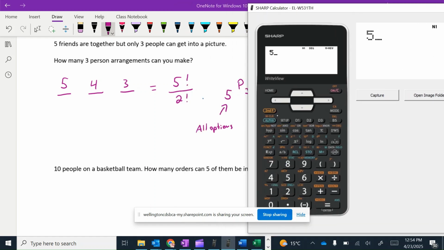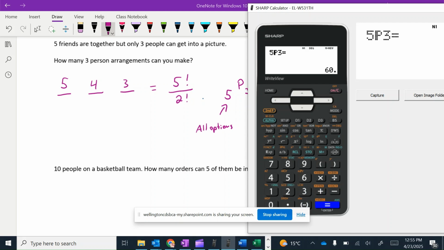If I did 5 factorial divided by 3 factorial, that will give me 20. Now you have a permutation button here. It's on my screen right here, it's nPr. So I'm going to go 5, second function, and press 3.